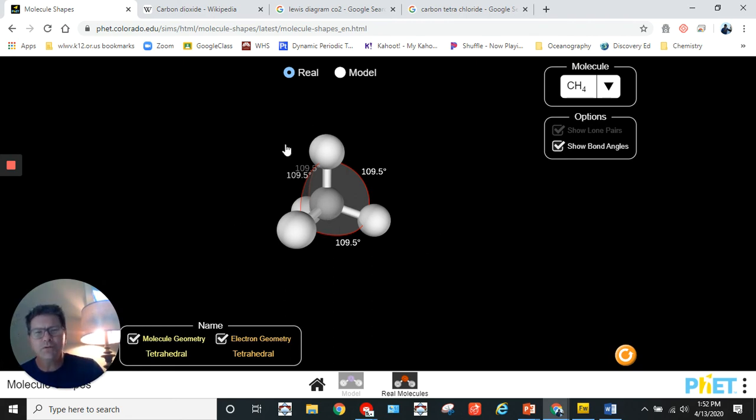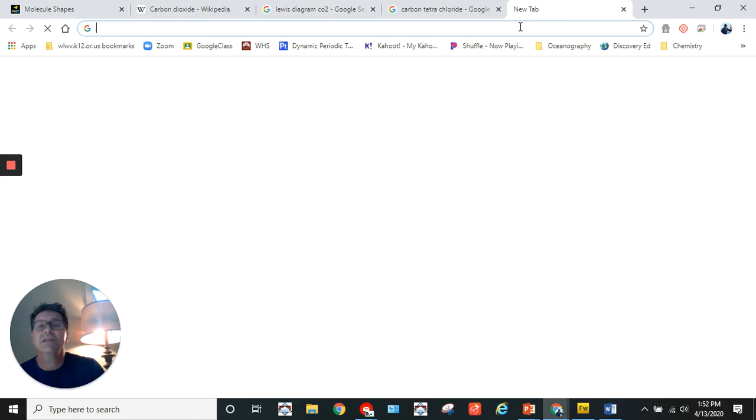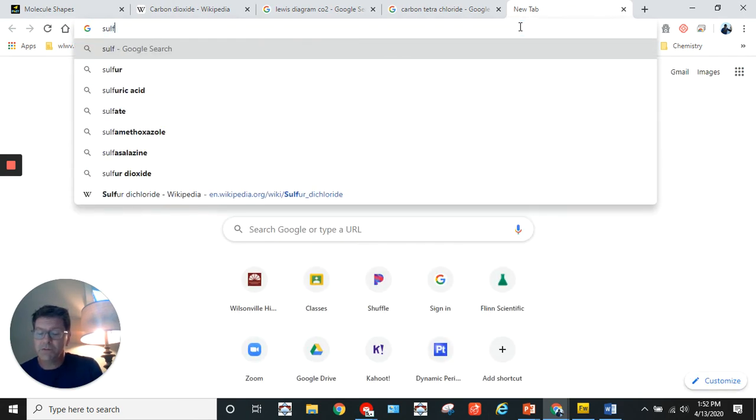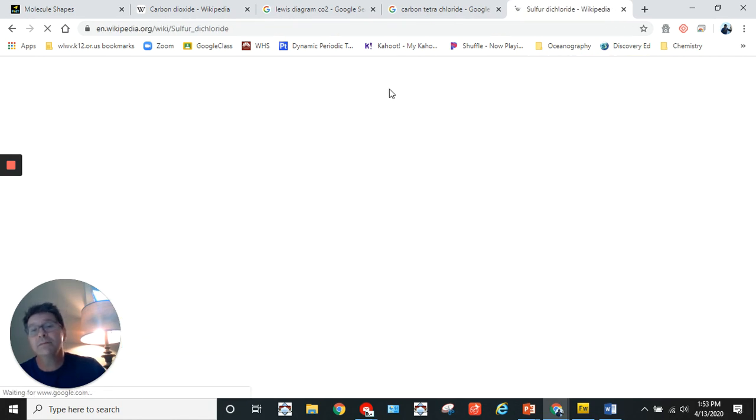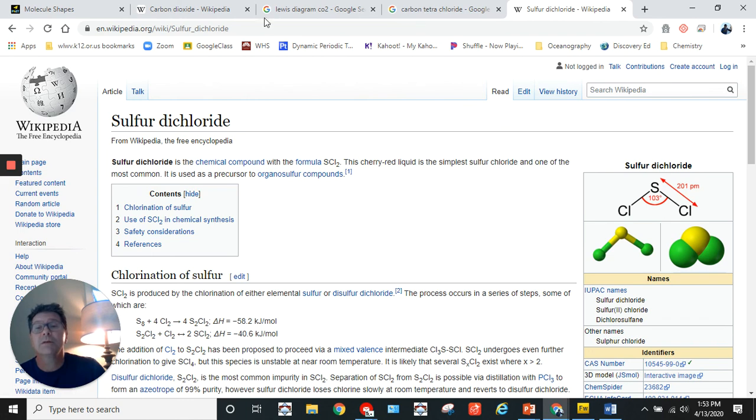The bond angles will change. If I look at sulfur dichloride, for example, you'll notice that it's got different bond angles than water does, and that's because of the differing number of electrons surrounding the atoms, but also the non-bonding pairs of electrons.